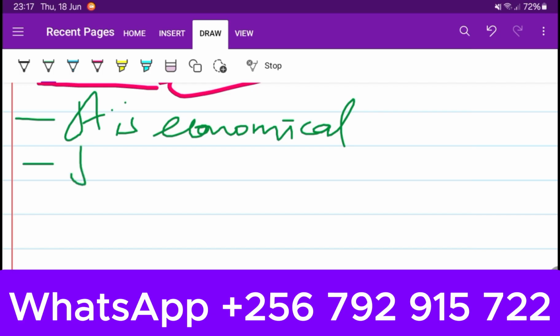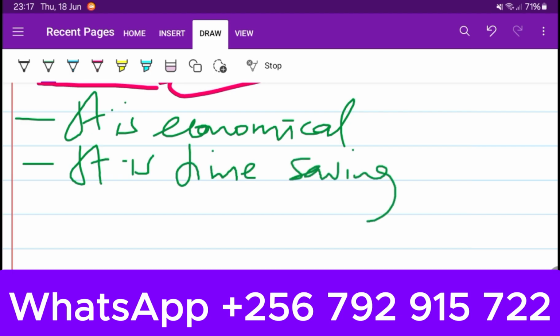The other point is that it is also time saving. We explained economical in the sense that it saves expenses and effort, since we can obtain that information from other sources.